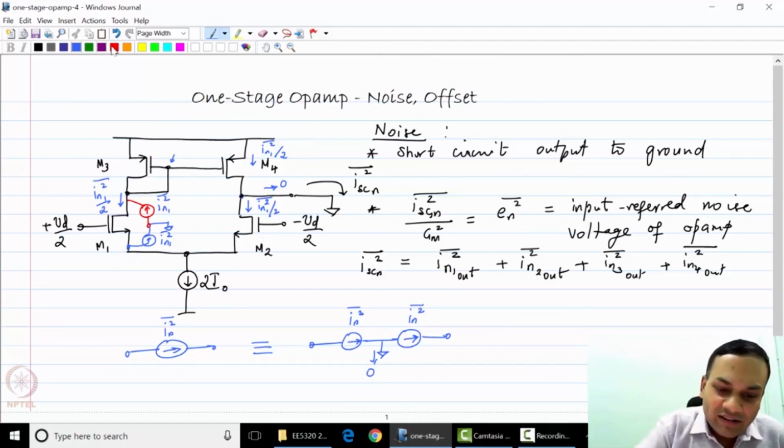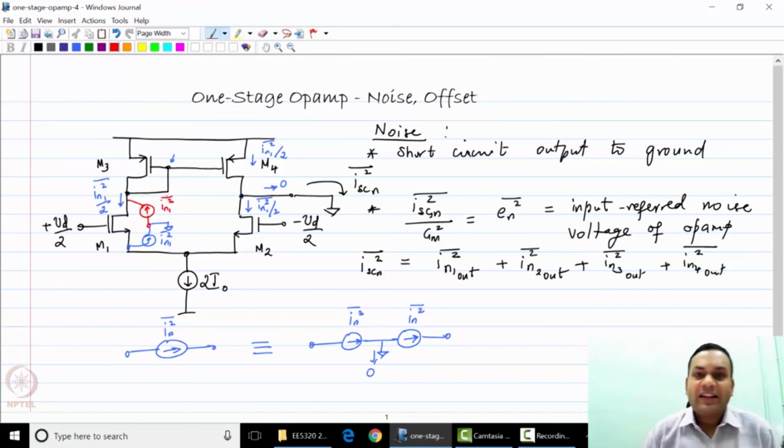What happens to the red current source IN1 squared? Let us now look at that. If I look at this current, it is flowing into this node, and it is going to try to split between M1 and M3.